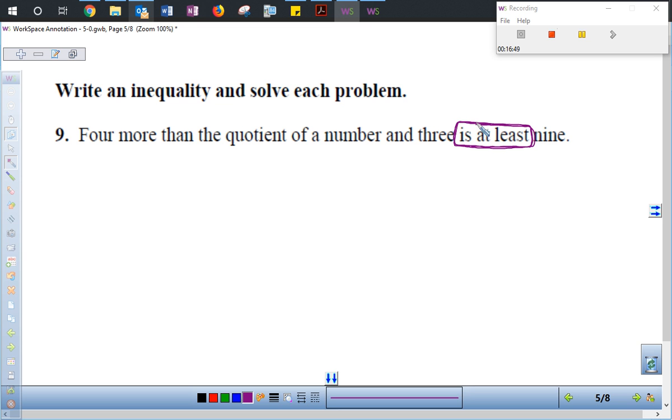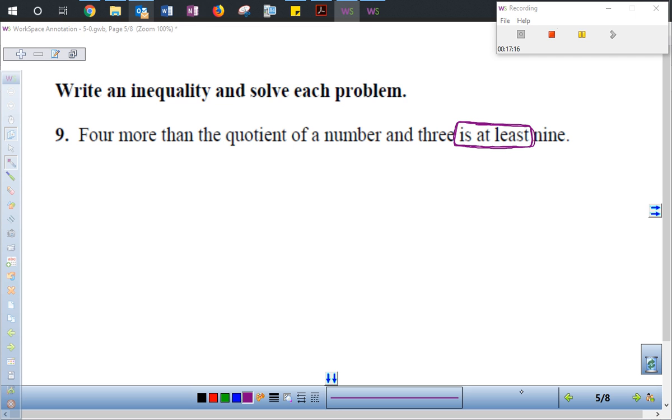So is at least. If I were to say that you would qualify to go to college as long as you were at least 17 and you were 18, you would still be able to go to college because you were at least 17.